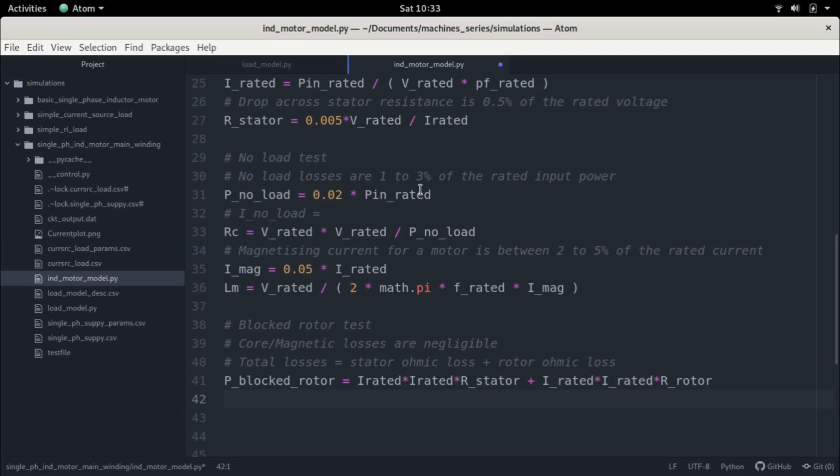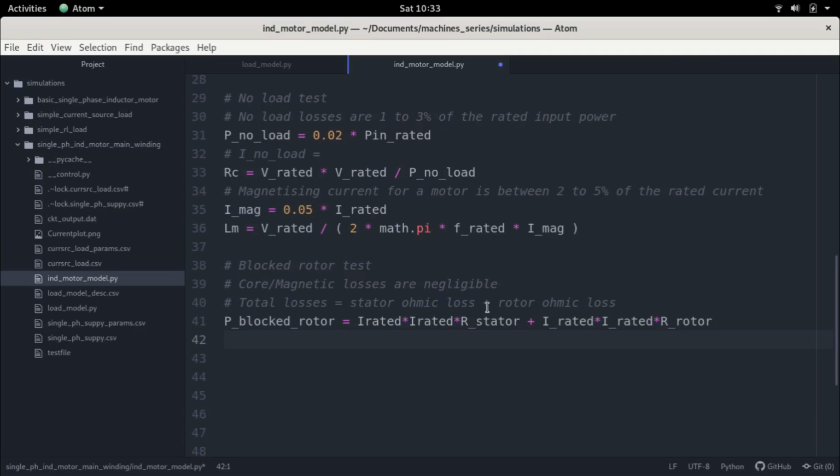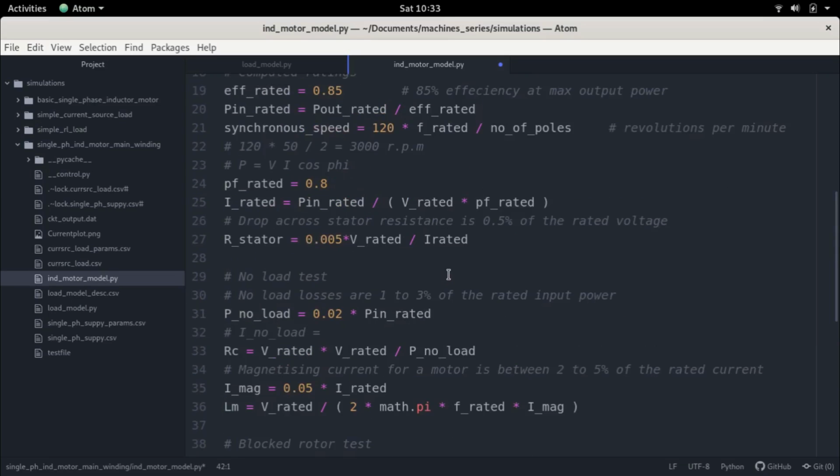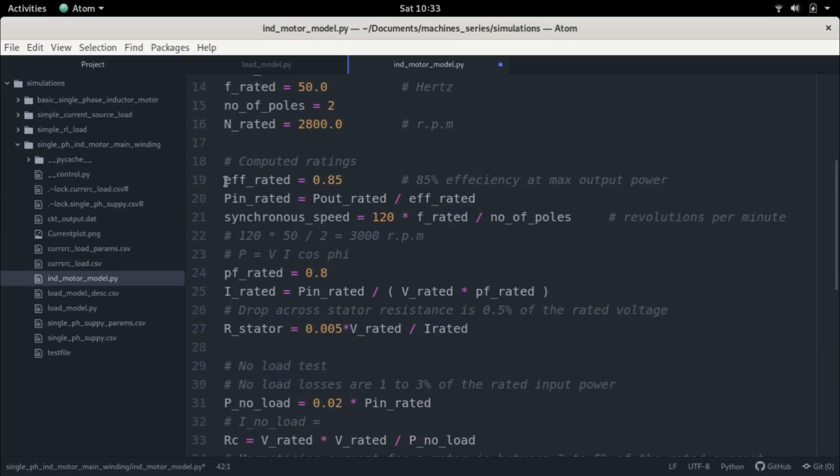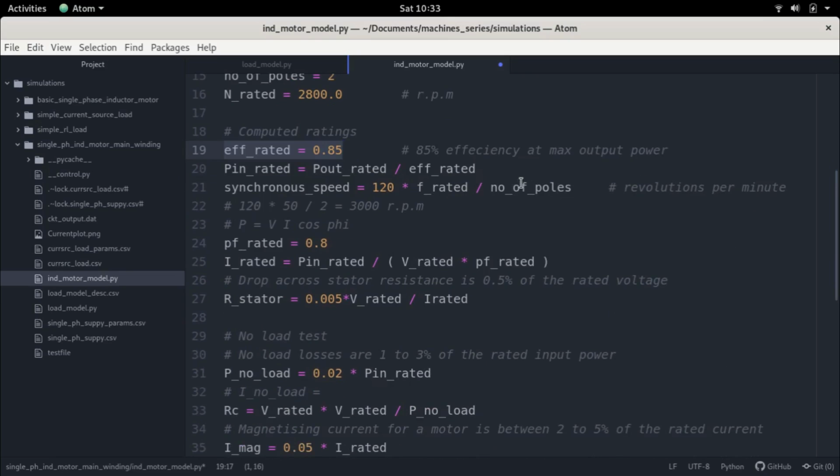However, the ohmic losses can be significant, right? A machine, when it is at rated efficiency, will have an efficiency of around 85% at maximum output power. Now what that means is that you have around 15% of losses in your machine, right?